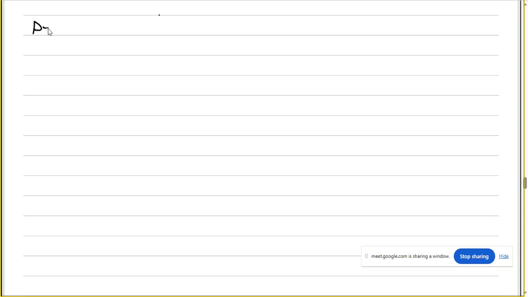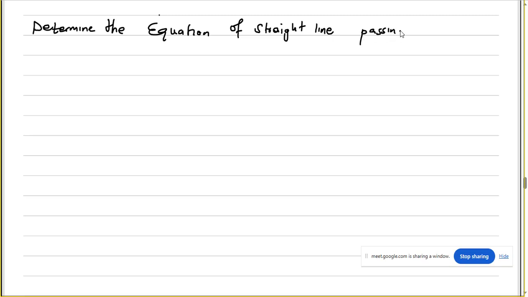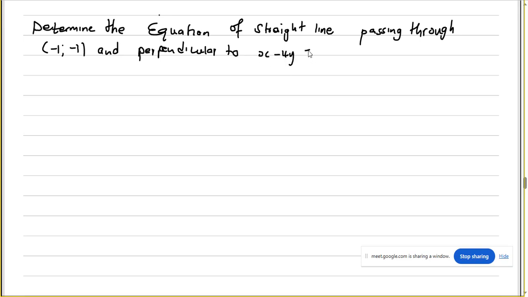Determine the equation of a straight line that is passing through -1, and let's say it's perpendicular to x minus 4y, which is 4.